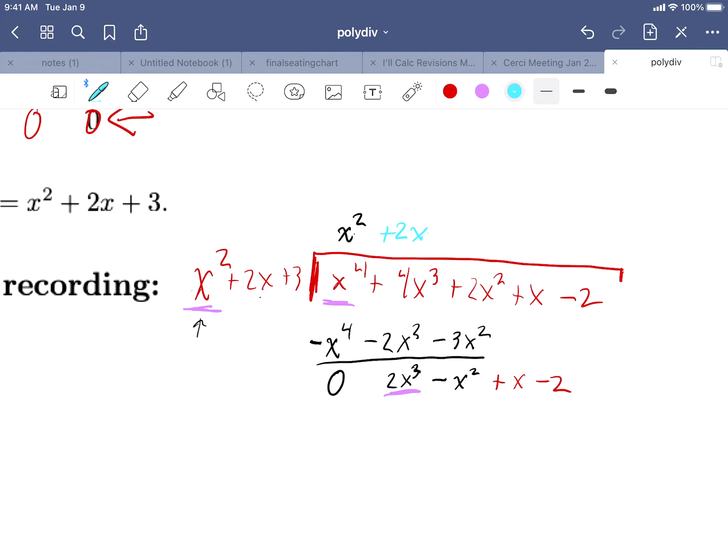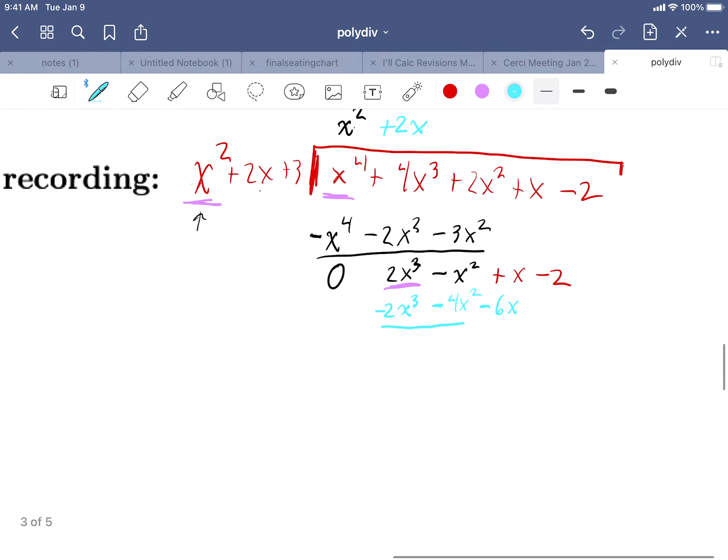2x times x squared is 2x cubed, so I'll subtract it. 2x times 2x is 4x squared, and I need to subtract it. 2x times 3 is 6x, and I need to subtract it. Do the subtraction. 0, minus 5x squared. x minus 6x is minus 5x.